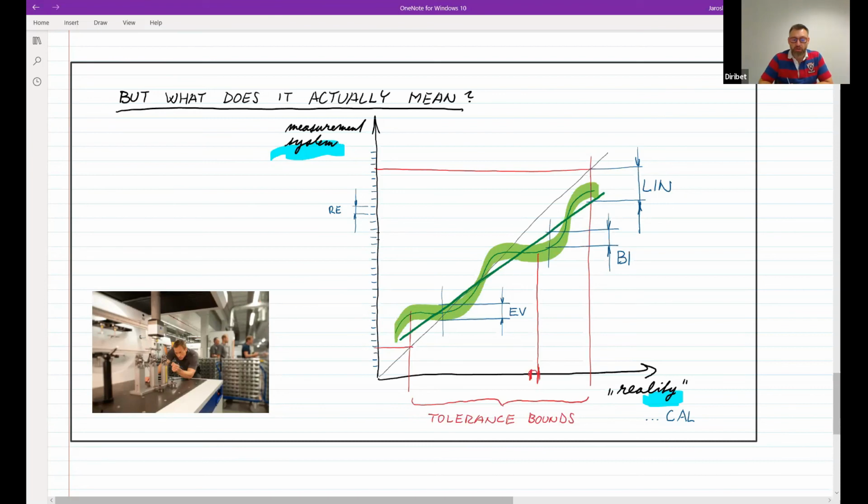So don't be scared of this. Just think of what can come in and what will get out, and try to wrap your mind around this. And with a little bit of technical expertise, with a little bit of knowledge of what is inside of the measuring device, you will be able to at least approximately estimate the size of these uncertainties, how big they are.